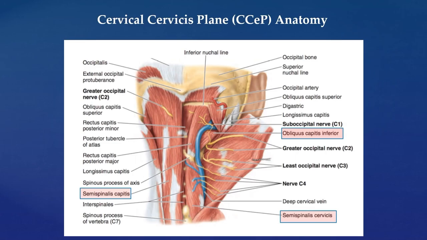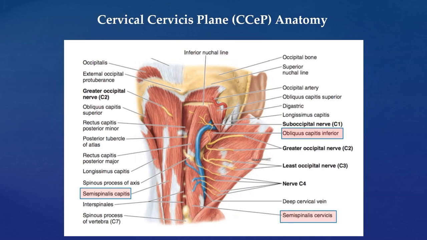This is the anatomy of the posterior cervical region. On the left side, you can see the semispinalis capitis muscle. On the right side is the cervical cervicis plane, which is anterior to the semispinalis capitis muscle.